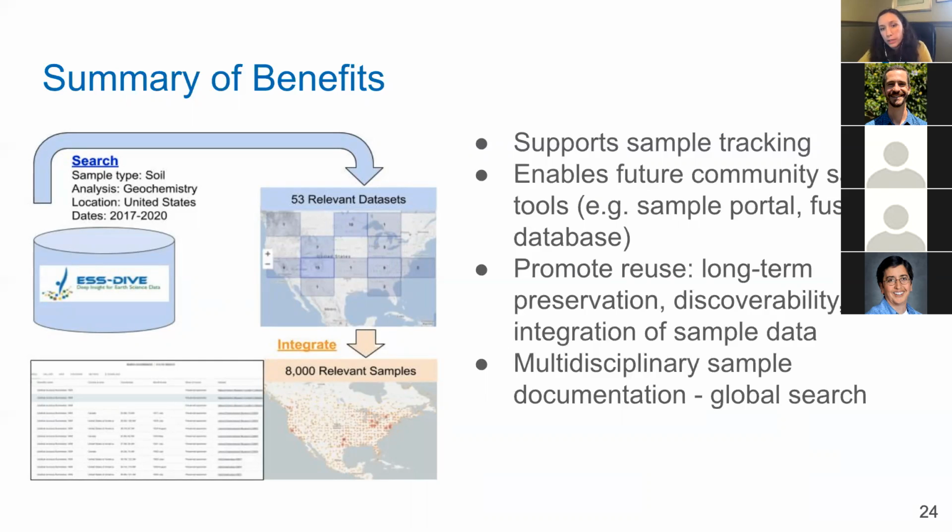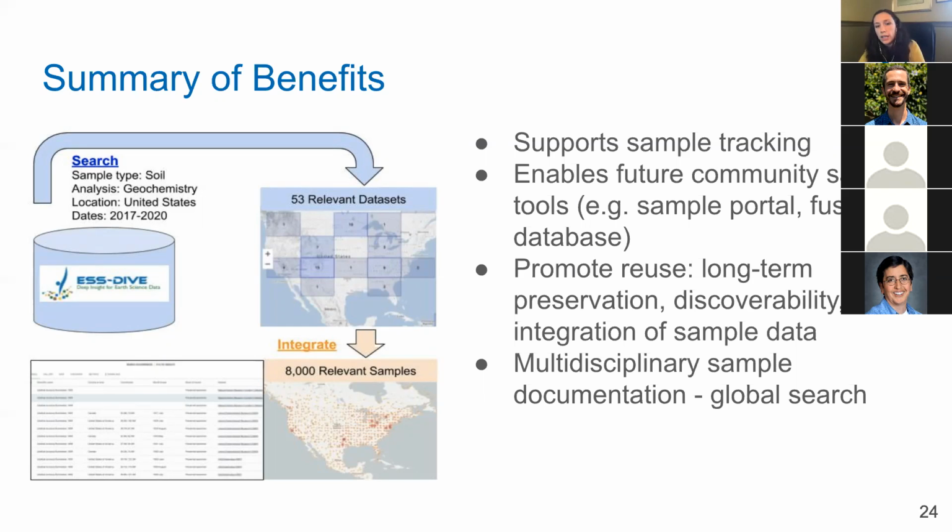The original purpose of this sample ID work was to better enable efficient tracking and integration of data from different user facilities. So with this persistent ID and the associated metadata, we can more fully document the sample history and can create these more powerful links between related samples that may exist in different platforms.